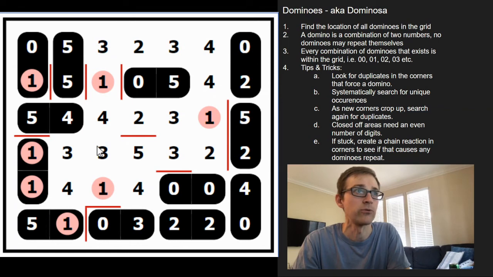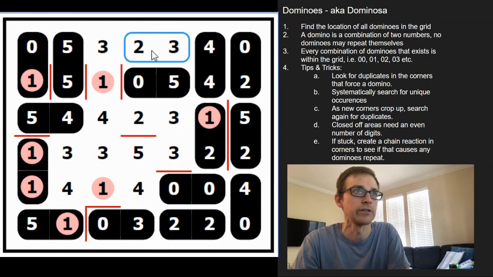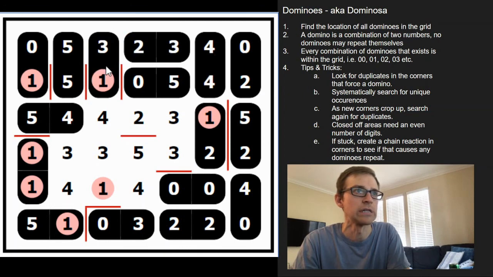And now we need a 1-2, so this is the only 1-2, and that's going to create a chain reaction. Now this 4-4, this 3-2, this 3-1, and now we can draw a line between this 1 and 3 because we already have a 1-3 domino.